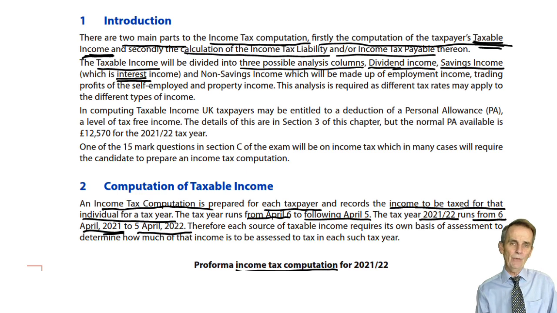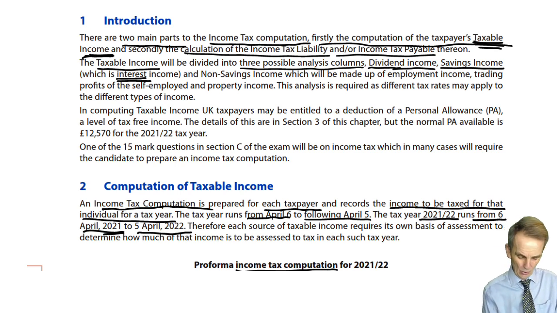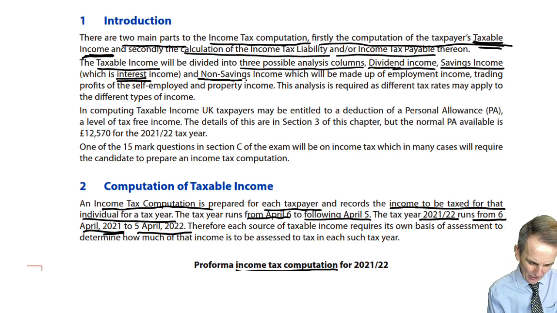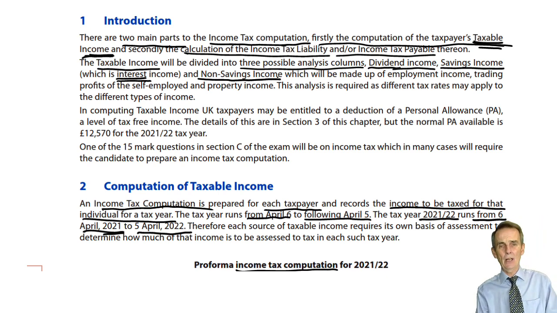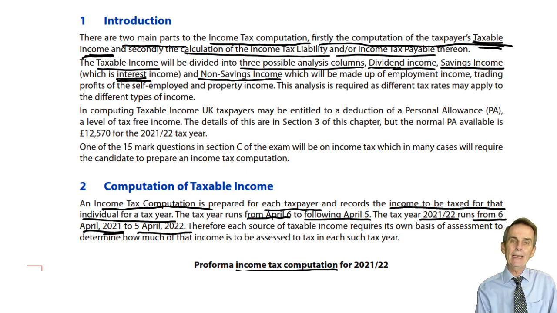And once you've identified those, any and all other forms of taxable income will be known as non-savings income. And that will be mostly made up of two items that we already know about that we have discussed, that being employment income and the trading profit of the self-employed, the unincorporated trader, but another one in there as well that we haven't yet mentioned, property income.